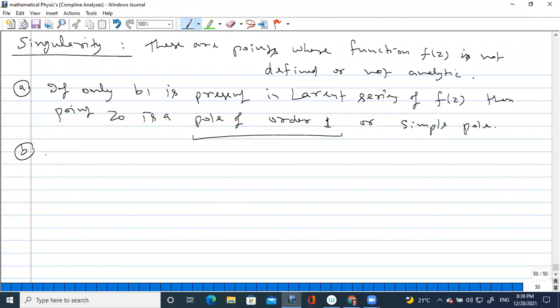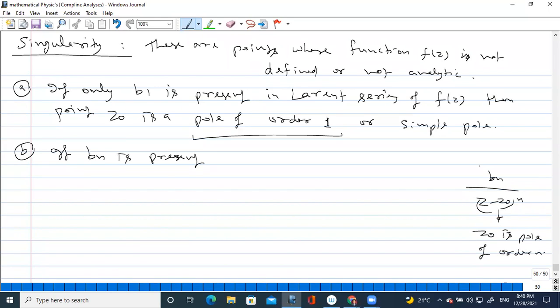Number two condition: if Bn is present, it means in the denominator there is (z minus z0) to the power n. So z0 is a pole of order n. This is the meaning of that. So you can write here, if Bn is present, then z0 is a pole of order n.